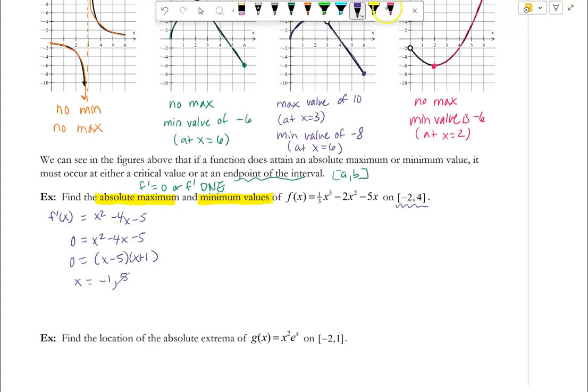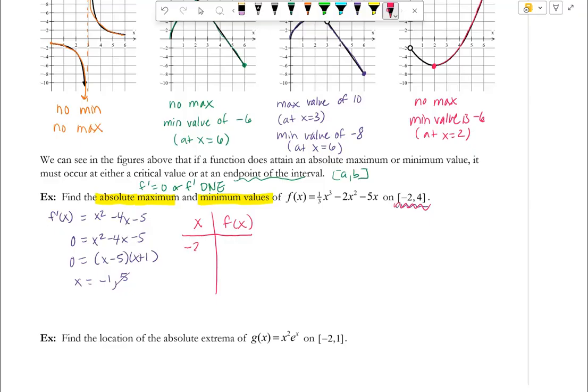So I'm going to strongly suggest that we make a table, and in our table, we're going to include the endpoints of our interval and any critical values between them. So this is not a table of x and f prime, but a table that we use to just organize the actual function values we're looking for.